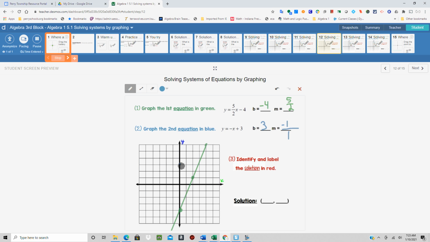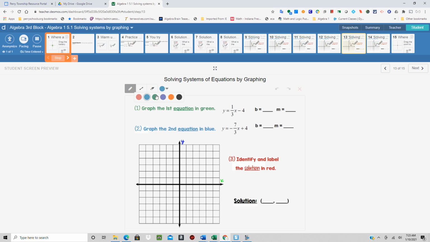That's where you want to begin, at 3. And then I'm going to go down 1, right 1. Down 1, right 1. Down 1, right 1. And then just draw my line. That one's pretty easy to see where they intersect. It's right there. I'm going right 2, up 1.